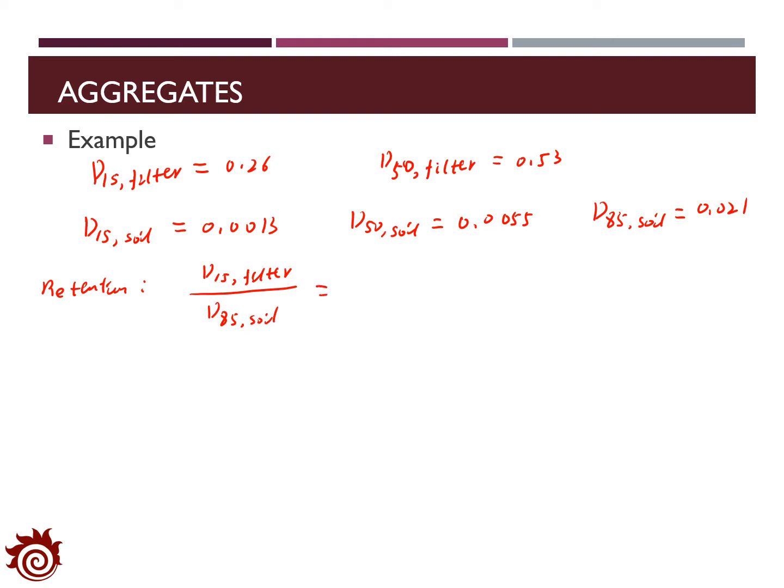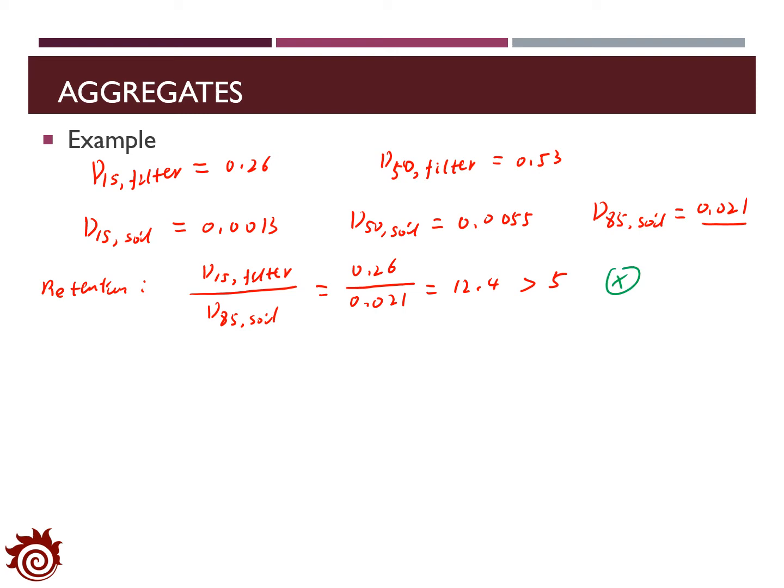That is 0.26 over 0.021. It's 12.4, which is higher than 5, and that means the retention condition is not satisfied.